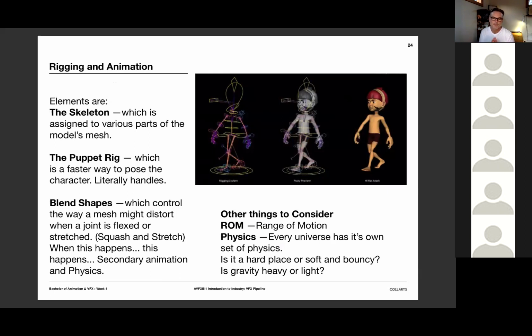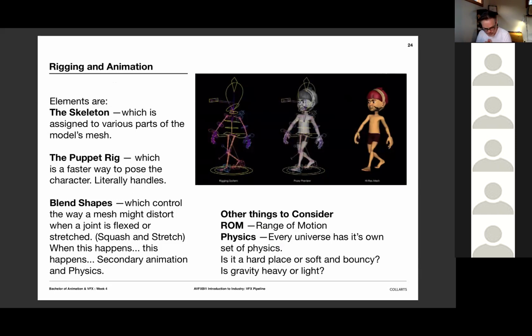Other things to consider: a character's range of motion. The rigger might understand that a character has a limited range of motion, if that's appropriate for the character, or an enhanced range of motion, depending on the nimbleness of the character. All of that would be brought into the rigging, and also physics.